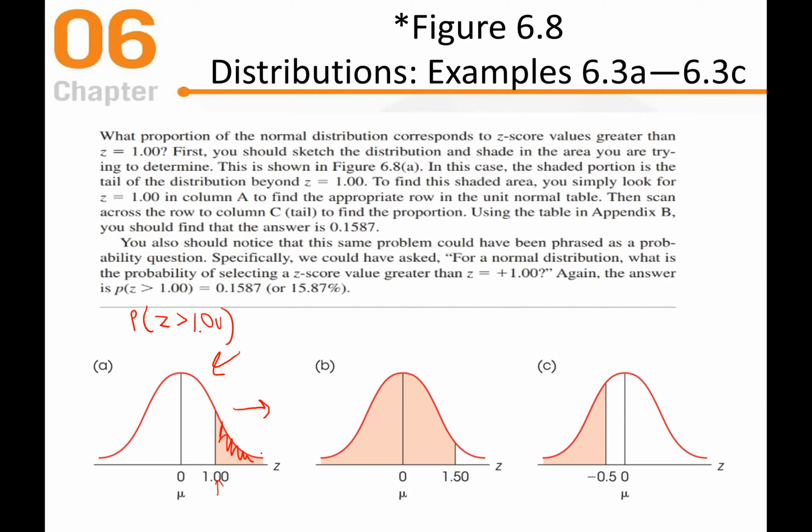To find this shaded area, you simply look for the z-score of 1 in column A to find the appropriate row in the unit normal table. Then you scan across the row to column C to find the proportion. You should find the answer is 0.1587.